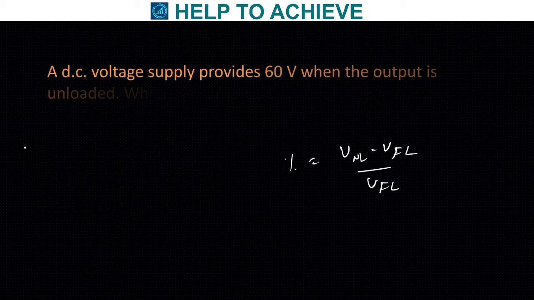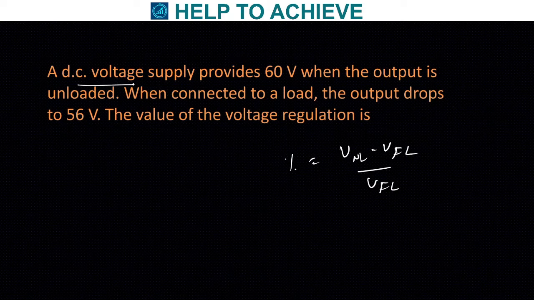Next, a DC voltage supply provides 60 volts when the output is unloaded. So the no load voltage is 60 volts, and when it is connected to a load, the output drops to 56 volts. Then they are asking us to find the voltage regulation.